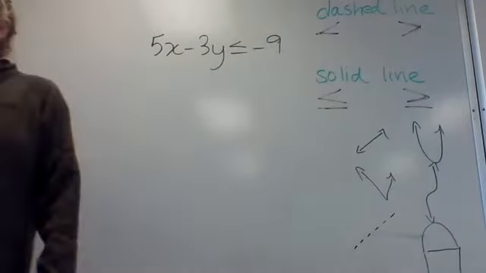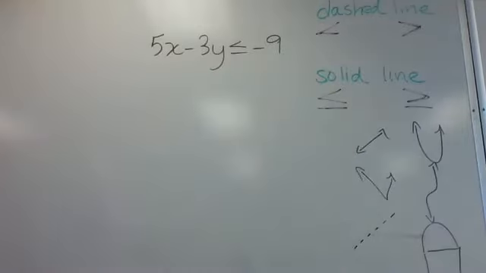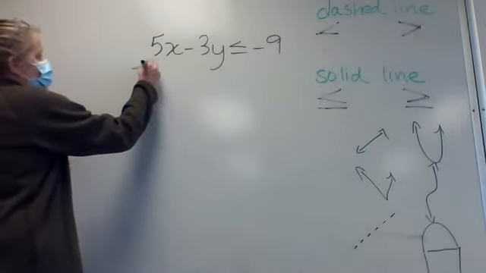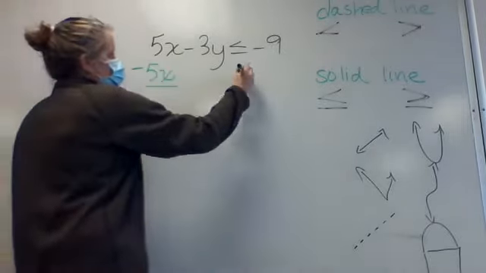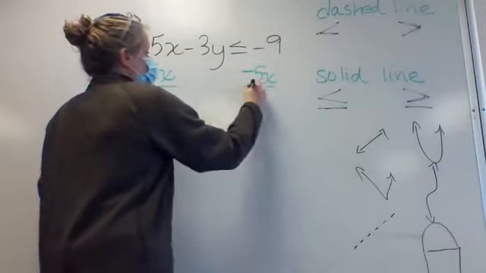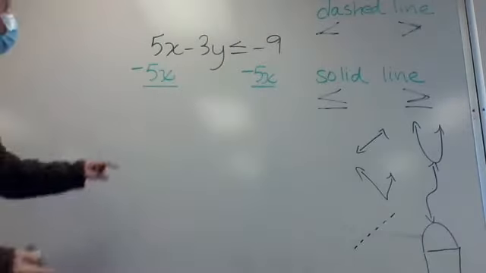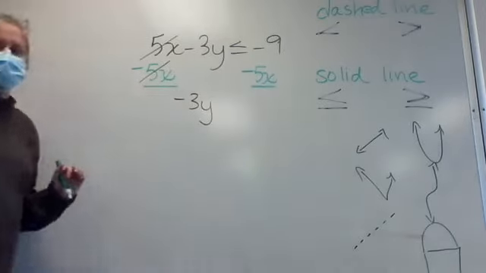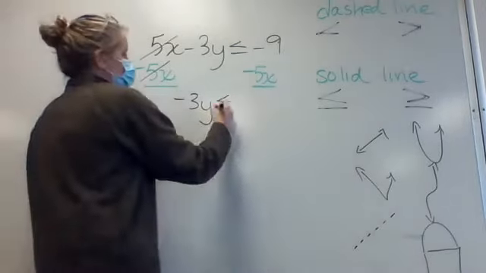Okay, so in order to put it into y equals, I have to get the y by itself first, right? So I need to isolate the y. So I'm going to do that by subtracting the 5x first from both sides. That'll cancel the 5x. I have the negative 3y left is less than or equal to.